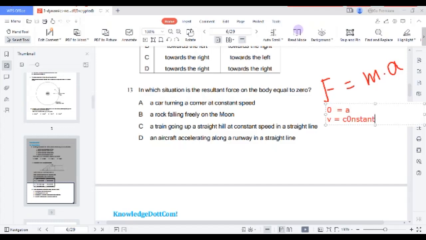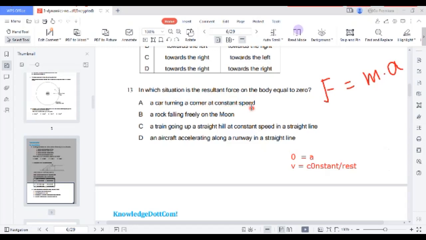Either the velocity is constant, or the object is in a rest state, then acceleration would be 0. Let's find out the possibilities in the given question. So you can see a car is turning a corner at constant speed.